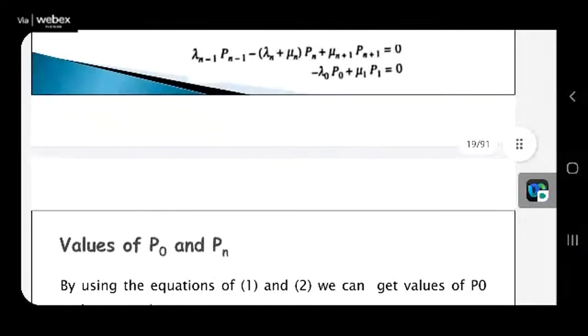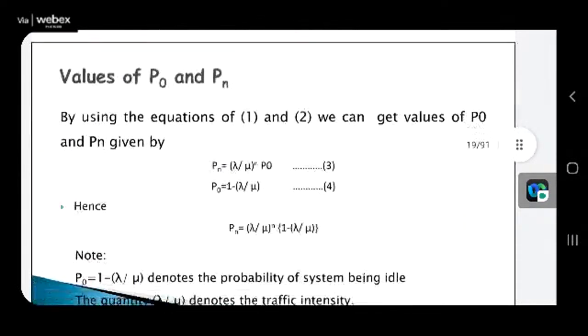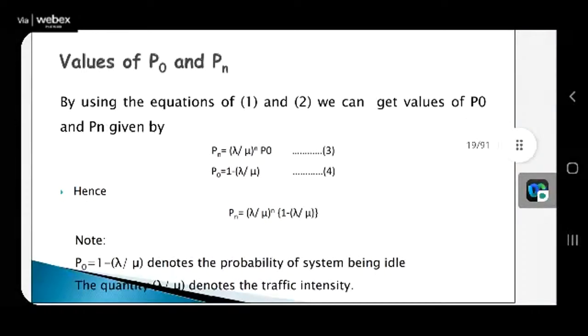After obtaining these two, you can find the value of P naught and Pn. P naught is nothing but 1 minus the traffic utilization or capacity utilization, and Pn is (lambda by mu) power n times P naught. These two are the most important formulas, 3 and 4, from the exam point of view.